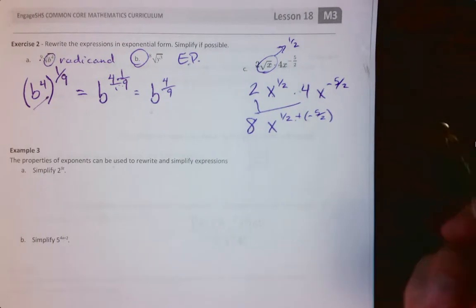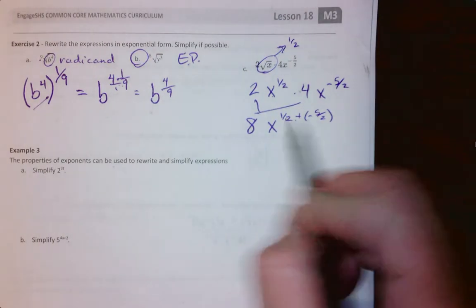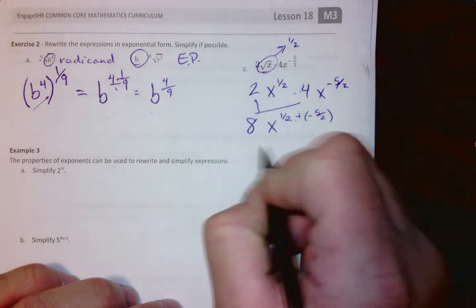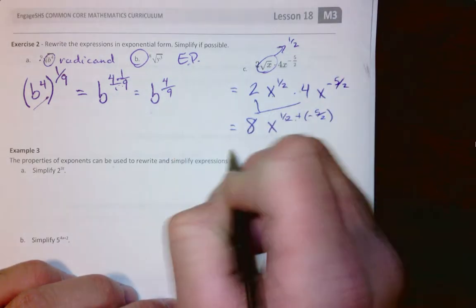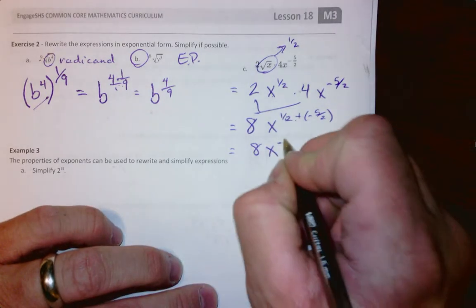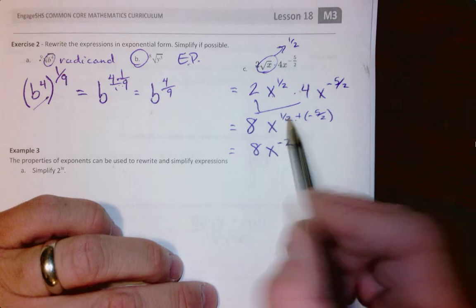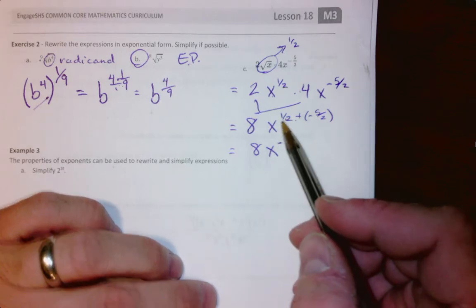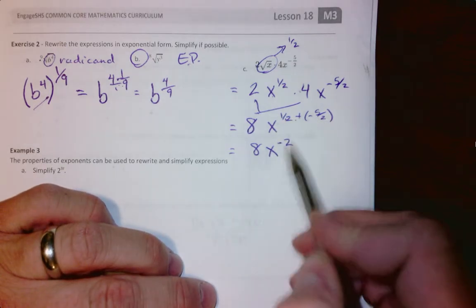Adding a negative is the same as subtracting. So 1/2 minus 5/2 gives us 8 times x to the -2. Check it out for yourself in the calculator if you want, or at least reason through your fractions. A half take away 2.5 is -2.